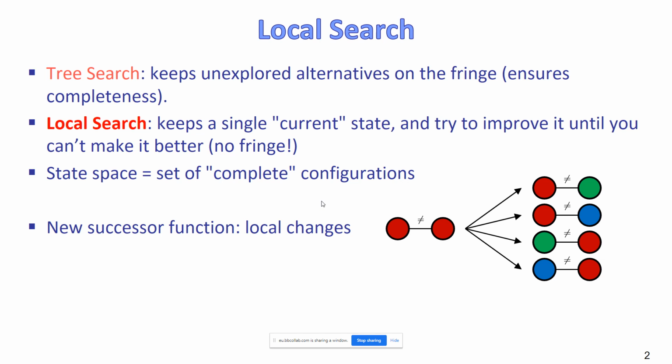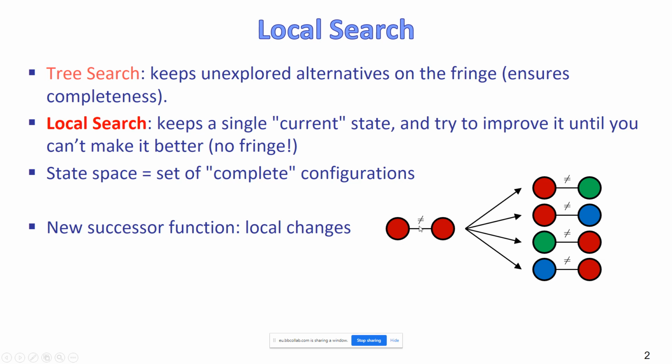But in local search, we only consider one single current state, and we keep improving it until we can't, whether we reach a solution or we cannot reach a better state from what we have. So the state space here is a set of complete configurations, and the successor function will produce local changes.